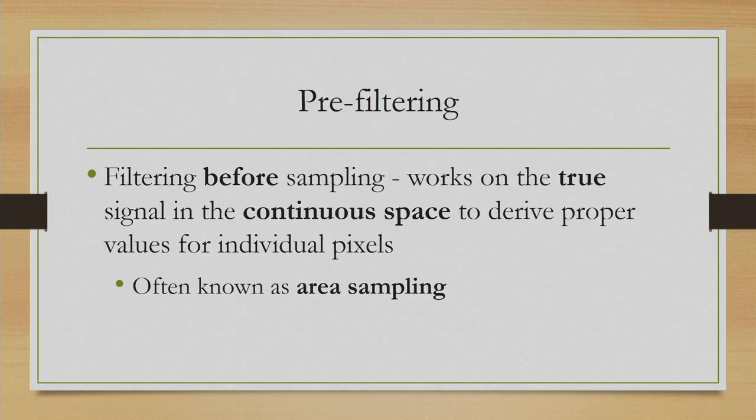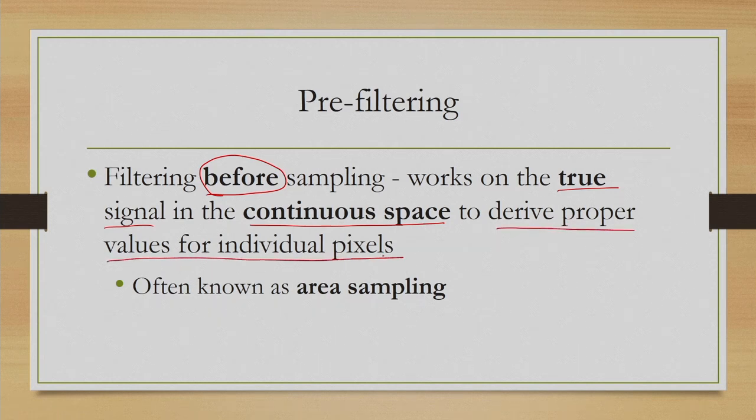In pre-filtering, we perform filtering before sampling. That means we work on the true signal, which is in the continuous space, and we try to derive proper values for individual pixels on the true signal. This group of techniques is also called area sampling techniques.